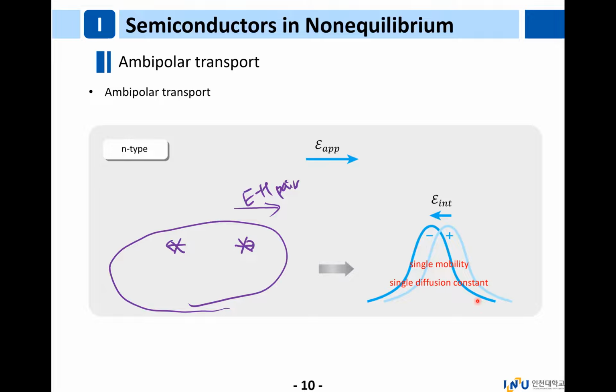This means that even a slight separation between excess electrons and holes, leading to a minor concentration gradient, can induce a significant internal electric field, allowing both particles to diffuse and drift together.